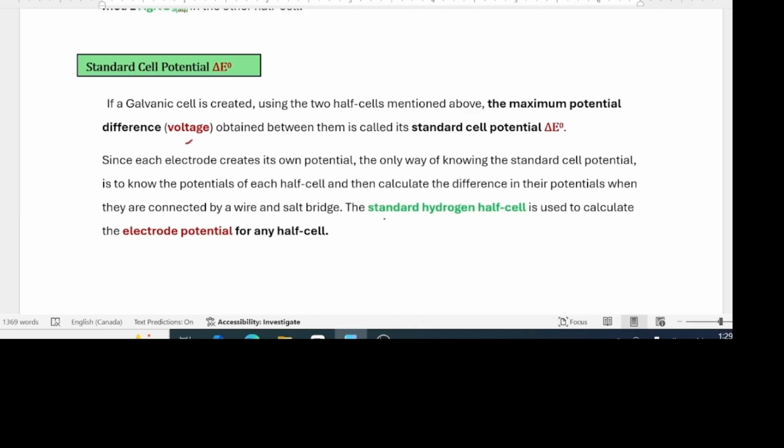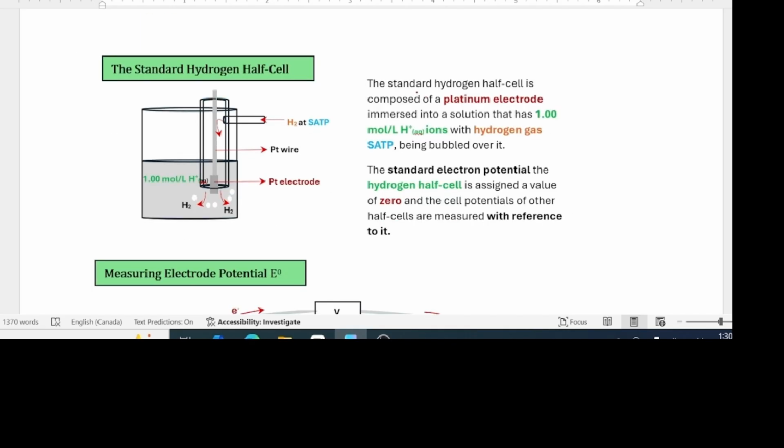This is achieved by making use of what is called a standard hydrogen half cell. The standard hydrogen half cell is composed of a platinum electrode immersed into a solution that has 1.00 mole per liter hydrogen ions, with hydrogen gas at SATP being bubbled over it.